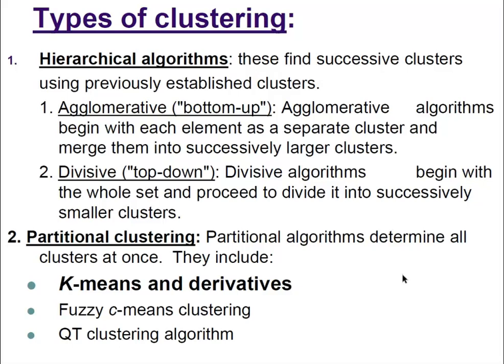Others include fuzzy C-means, which allows data points to belong to multiple clusters with varying degrees of membership, and the QT clustering algorithm, which tries to find high-quality clusters based on a quality threshold. For the rest of this lecture, we're going to be focusing on k-means, which is part of the partitional category.